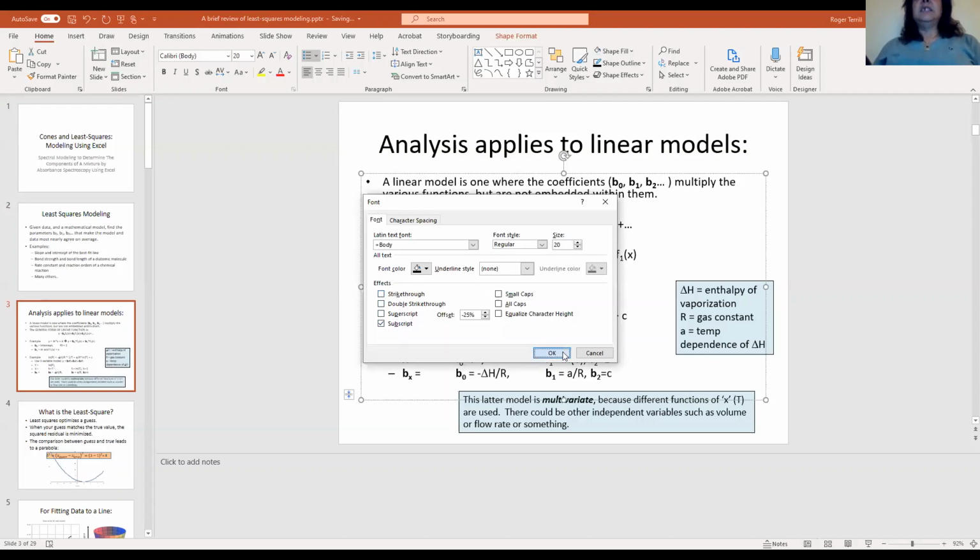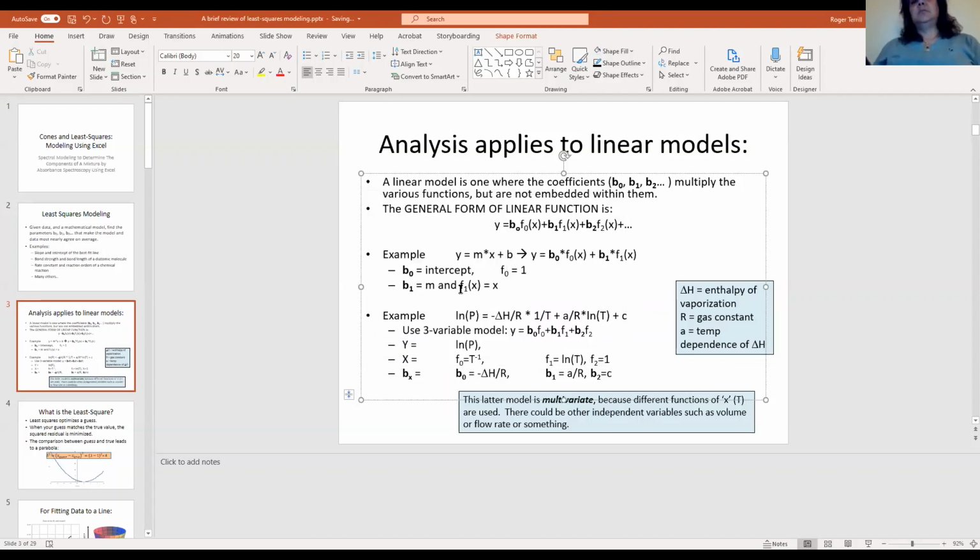And these are just functions, right? One of the things about it is that f0 of x is just a constant. It's just the number one. It's like x raised to the power of 0. It doesn't matter what x is.